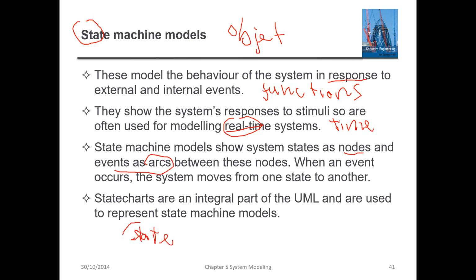And here in the graphical model we have a state as a node and the connection between states as the event. So state diagrams are integral parts of UML and used to present the state machine model.